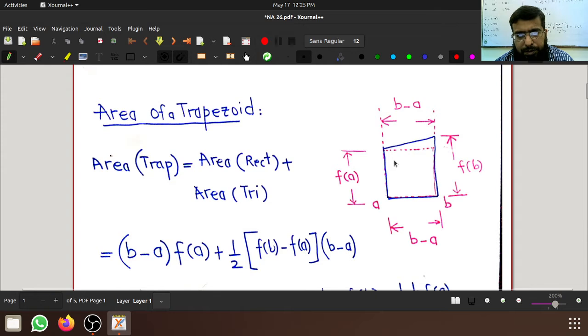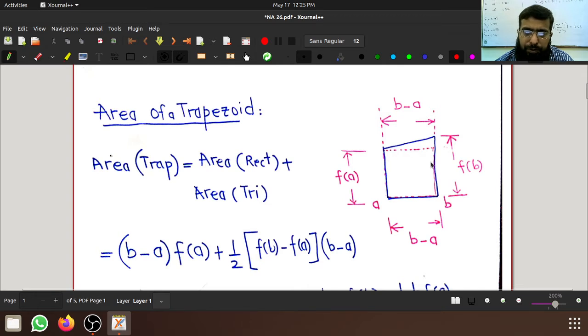Right. So let's assume a rectangle inside this trapezoid, bounded by this pink dotted line, and a triangle made by this dotted pink line.